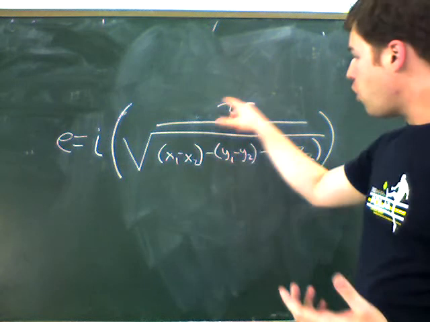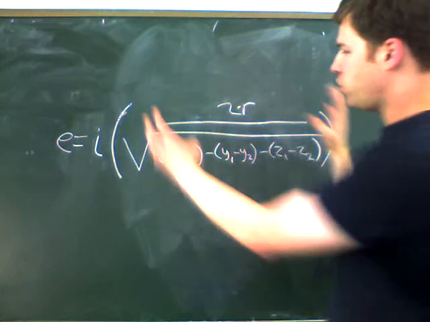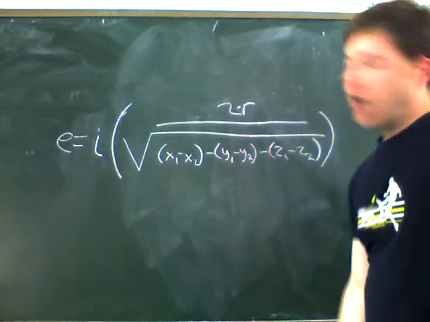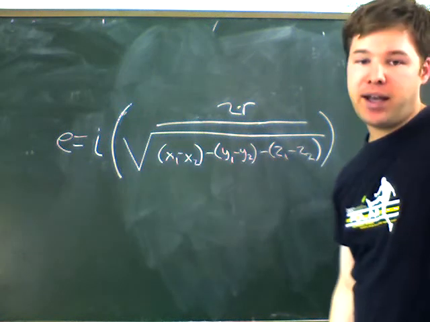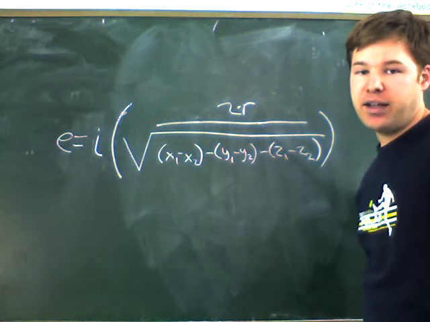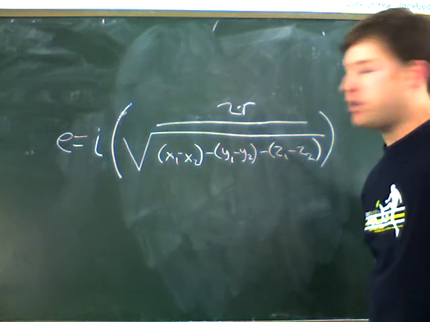Very simple. Over 2r, and this is one number. And then we're multiplying all of this by I, and let me explain what this is.